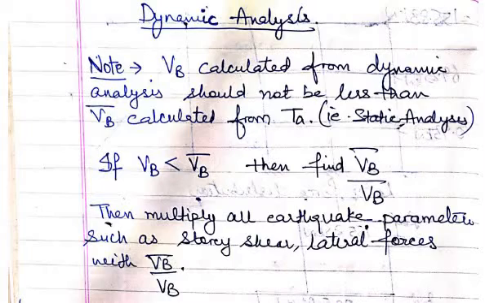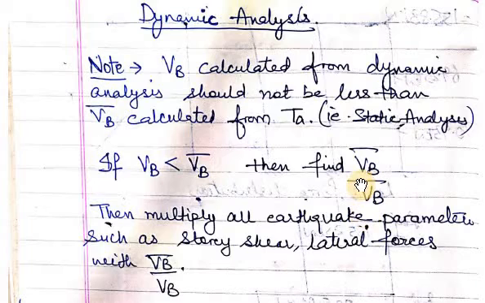Now you must note one thing: VB calculated from dynamic analysis should not be less than VB calculated from the static analysis. If your VB calculated from the dynamic analysis is less than VB calculated from the static analysis, then you need to find the value of VB bar by VB.